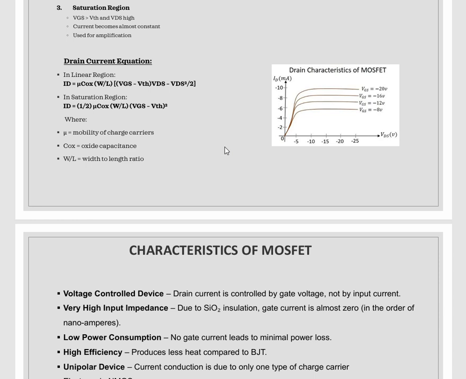In linear region, ID equals mu COX W by L into (VGS minus VTH) VDS minus VDS squared by 2, and in saturation region ID equals half of mu COX W by L (VGS minus VTH) whole square, where mu equals mobility of charge carriers, COX equals oxide capacitance, and W by L equals width to length ratio.